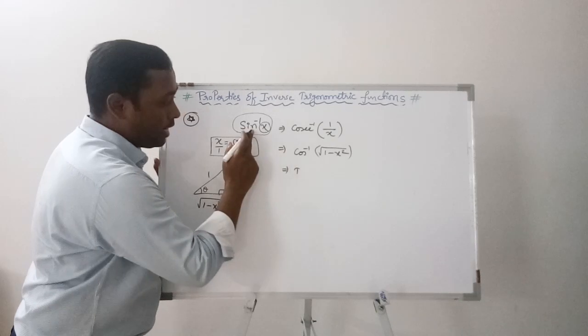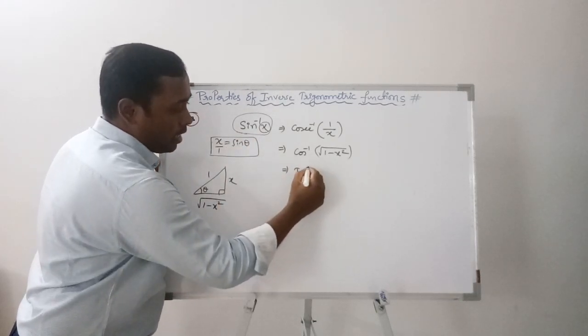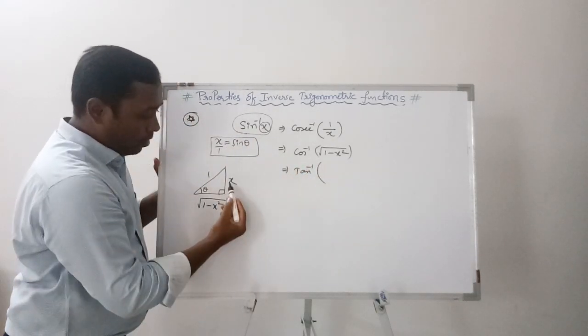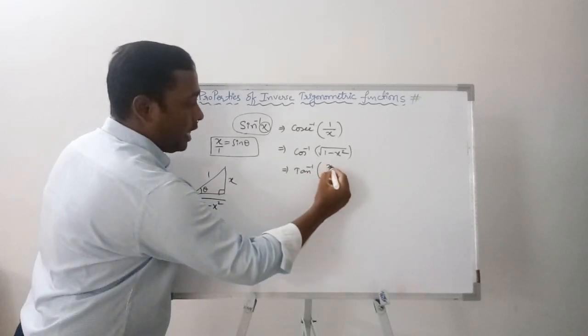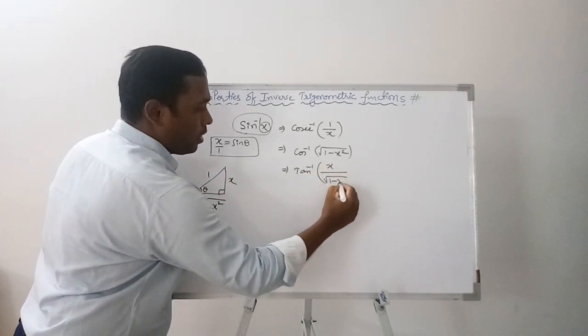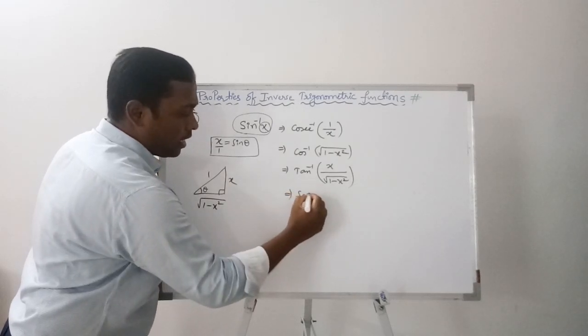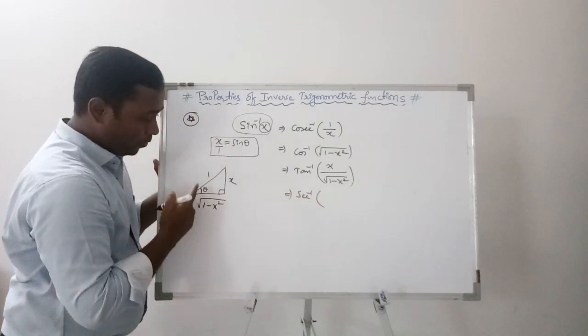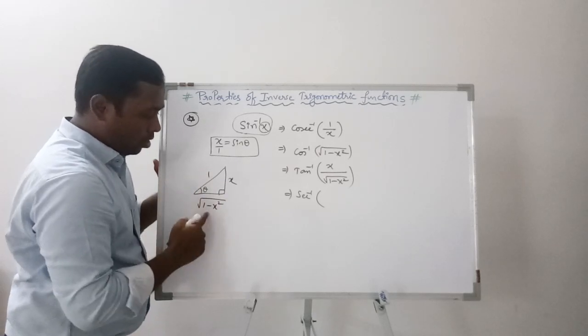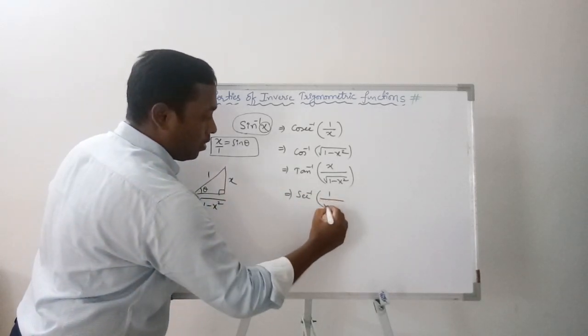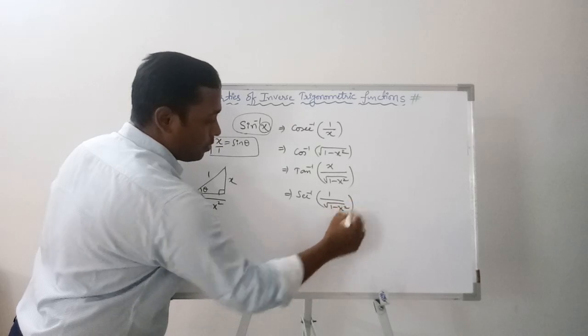Similarly, I can also write sine inverse x as tan inverse of p by b, x upon under root 1 minus x square. It can also be written as sec inverse of hypotenuse upon base, that is 1 upon under root of 1 minus x square.